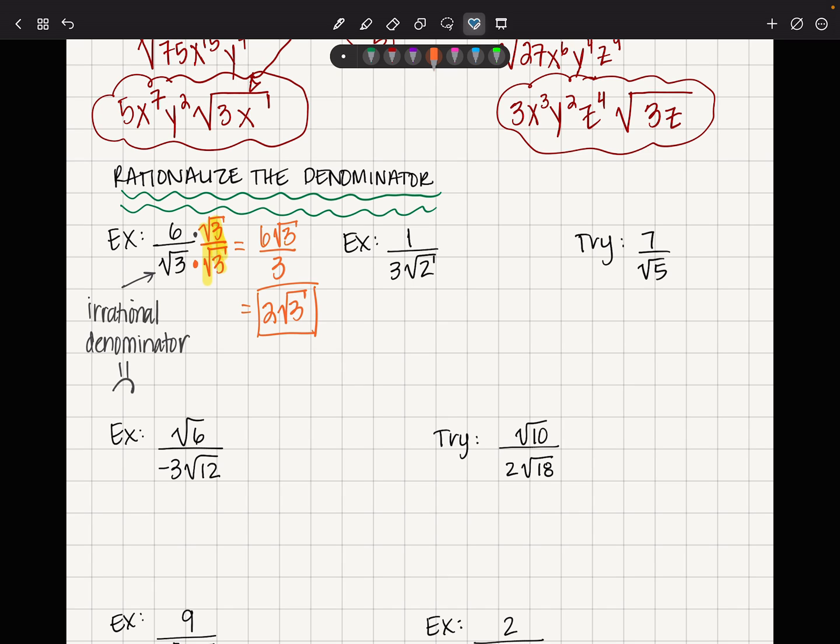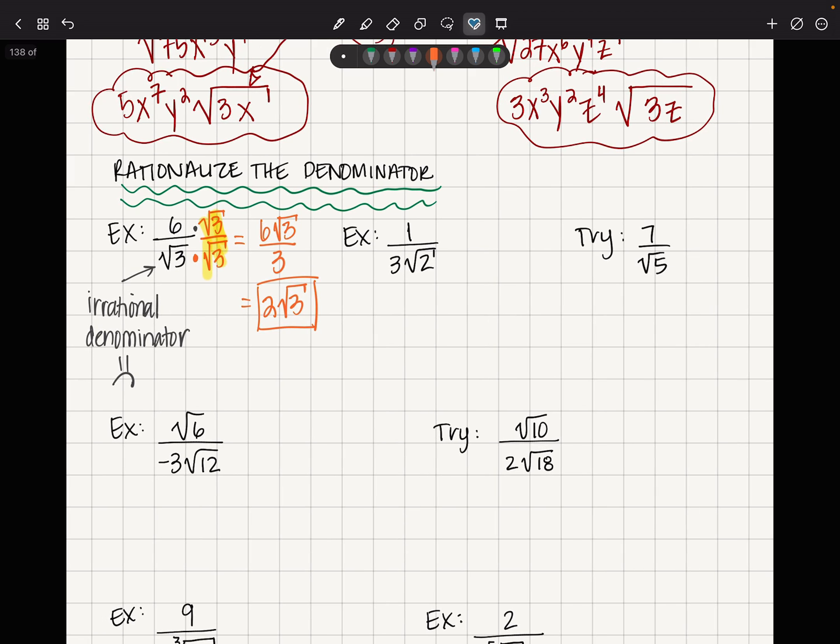We're going to do a few of these, so let's do another. 1 over 3 times the square root of 2. Now the irrational problem is that square root of 2. So I'm going to multiply by another square root of 2 in the denominator, and then I'll also do that in the numerator. So then I'm multiplying by a factor of 1.